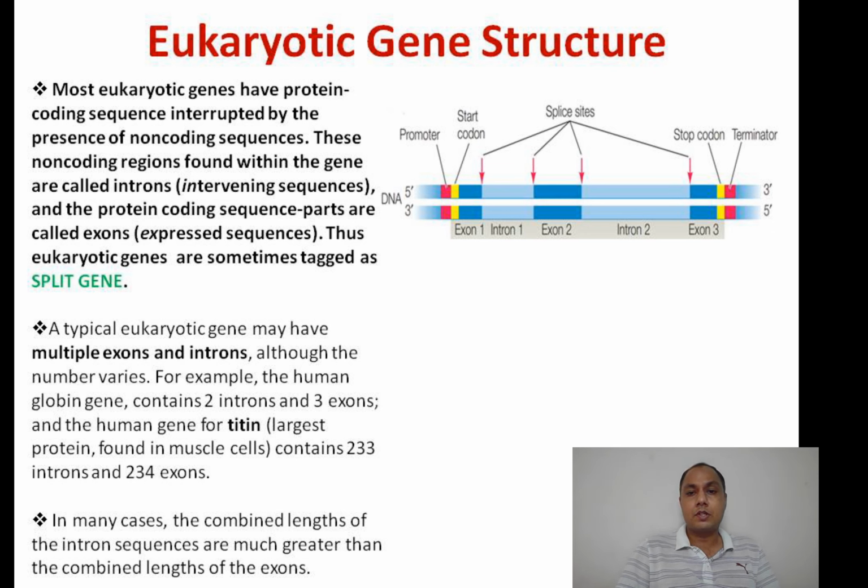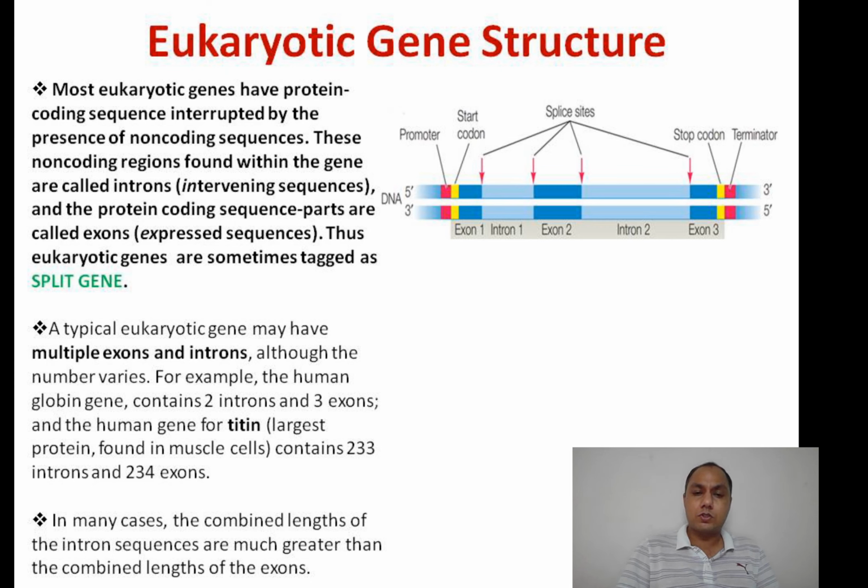Considering another gene, for example the globin gene, it contains 2 introns. So what we can conclude is that a eukaryotic gene may have multiple exons and introns. It totally depends on the type of gene.